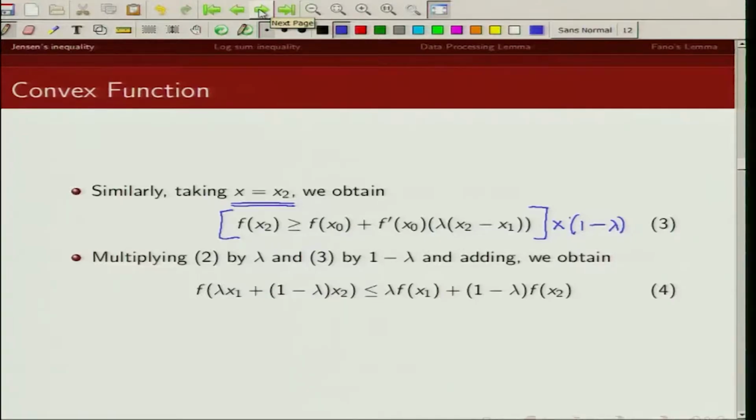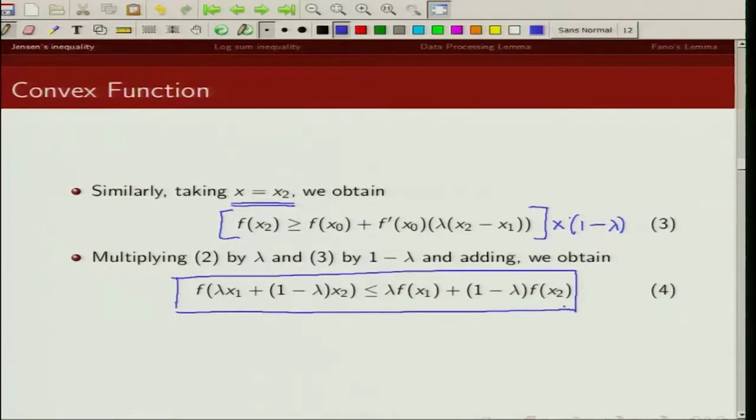If I do that, what I get is f of x0 is less than or equal to lambda times f of x1 plus 1 minus lambda times f of x2. So again I repeat, if I multiply equation 2 by lambda and equation 3 by 1 minus lambda and add them up, I get this condition that f of x0 is less than or equal to lambda times f of x1 plus 1 minus lambda times f of x2.